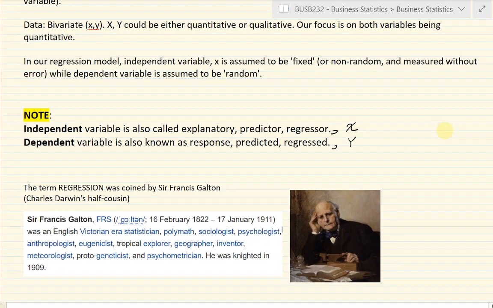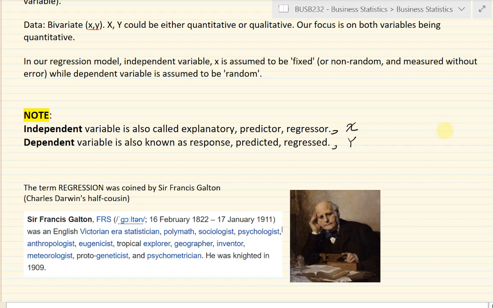Now, just a little historical note here. The gentleman who is responsible for initiating this whole idea of regression analysis is Sir Francis Galton. Mr. Galton came up with the idea of regression in one of the problems he was working on.